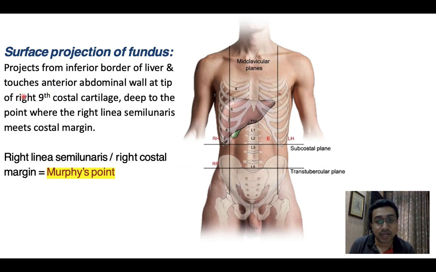Again, obviously the word right is also important. It lies deep to the point where the right linea semilunaris, I hope you are aware of this term now, meets the costal margin. This point where they both meet is known as Murphy's point. This is asked in a lot of MCQs and also in viva.